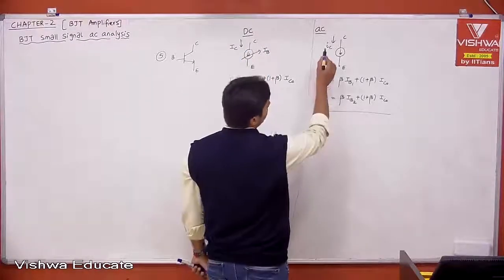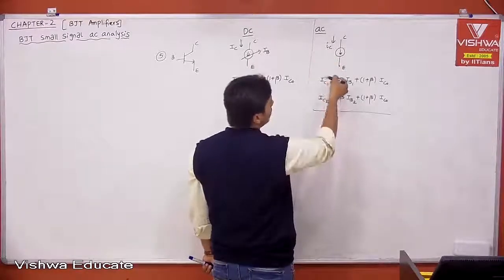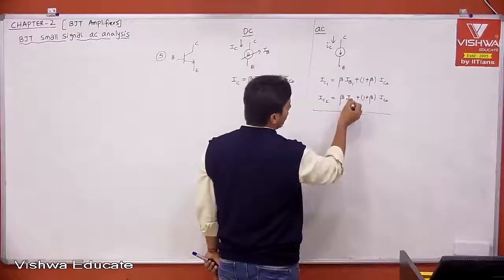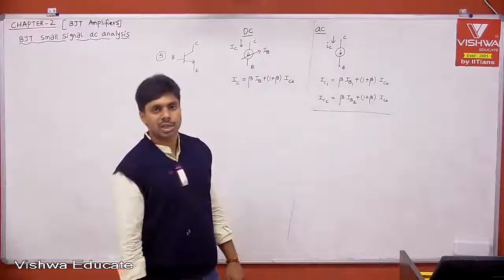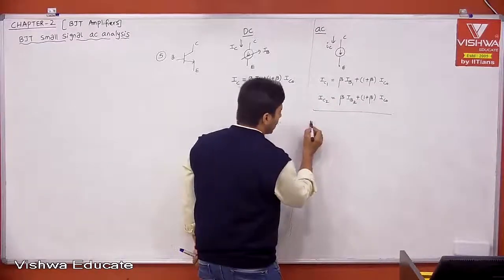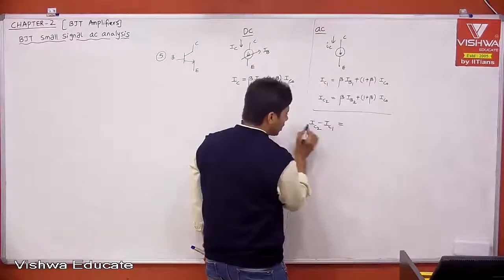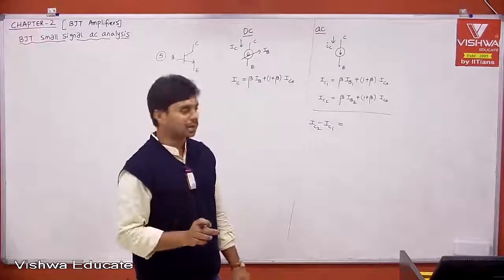If I want to know the change in IC because of the change in IB, we need to take IC1 because of IB1, IC2 because of IB2. There is a change in IB, IB2 minus IB1. Then what is the change in IC? IC2 minus IC1, which is nothing but the change in IC. Therefore, if you take it with respect to time, the time is not shown, but there is a time, that is nothing but frequency content.